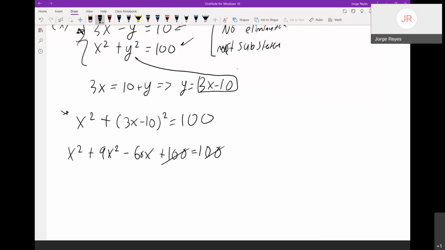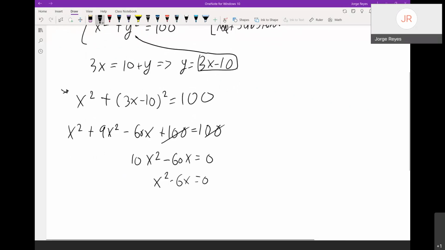So the 100s cancel. And you're gonna get 10x squared minus 60x equals 0. So divide by 10. x squared minus 6x equals 0. x times (x minus 6) equals 0. So you get two answers, right? You get x equals 0 and x equals 6.